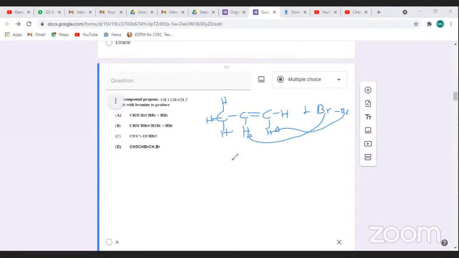So you're going to have CH3, then CHBr, then CHBr. Do you see it? So that's why the answer is D. The best thing to do is draw it out when you're not sure.